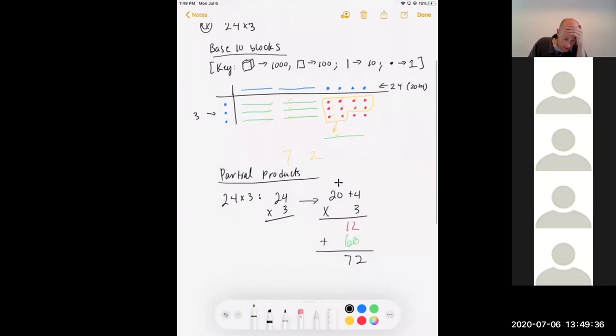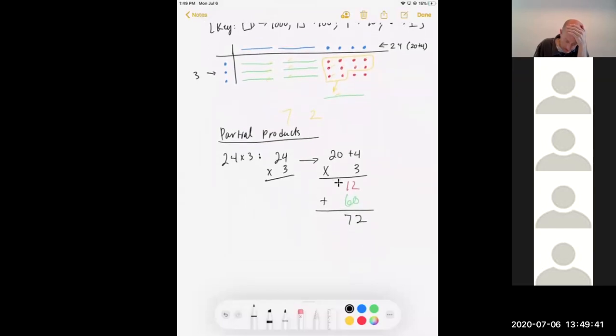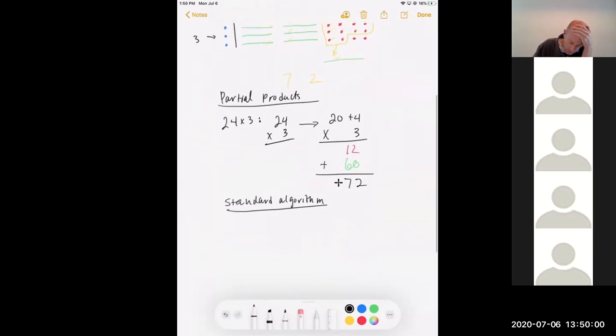And then I'm going to do the standard algorithm. So we all know that one. 24 times 3, we write it vertically, like the partial products, but it's more compact.